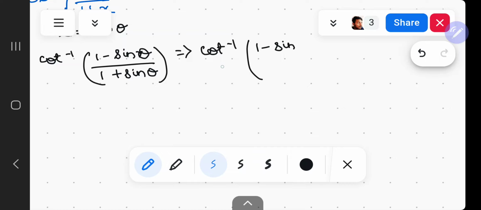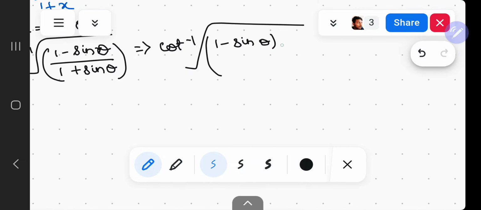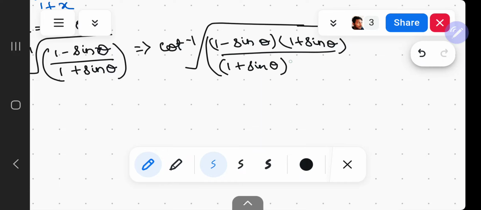I think that was inside a root, so there will be a root. 1 minus sine theta times 1 plus sine theta by 1 plus sine theta whole square.